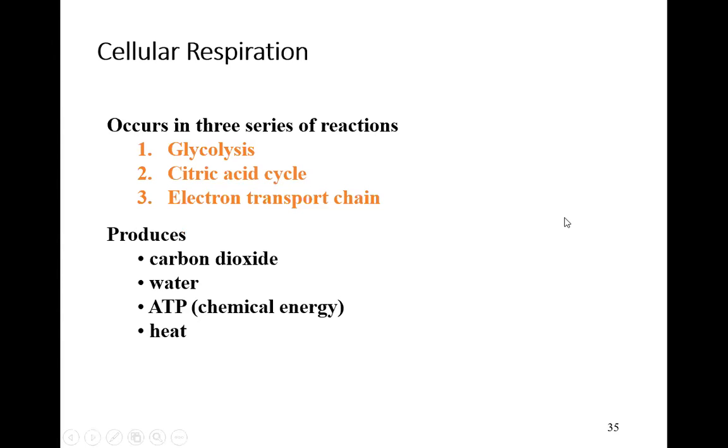The end result of cellular respiration is always going to be the release of carbon dioxide, the release of water, the release of ATP, chemical energy in the form of ATP, and the release of heat. Carbon dioxide comes from the Krebs cycle.